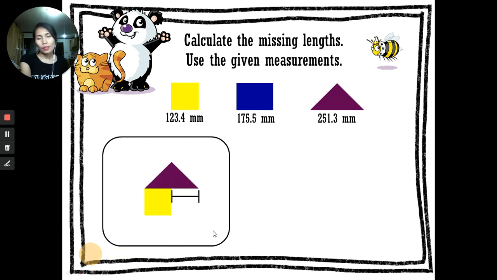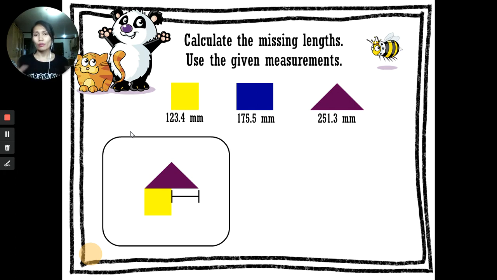Okay, find this. You see the triangle minus the length of the square. Okay, how will you know if you will add or subtract? If you're expecting a larger number, then you have to add.